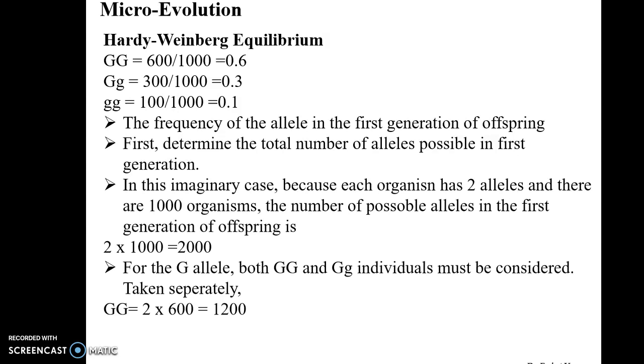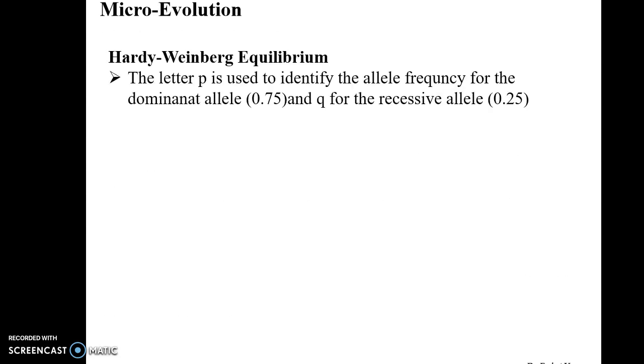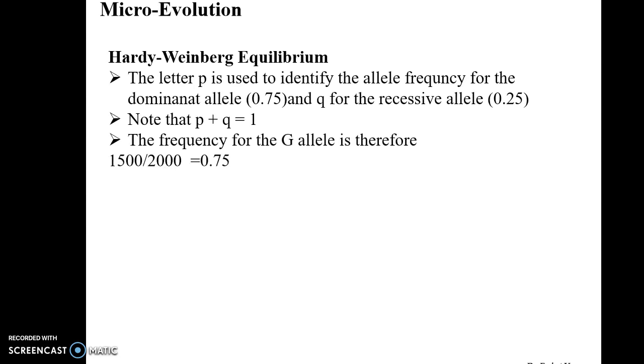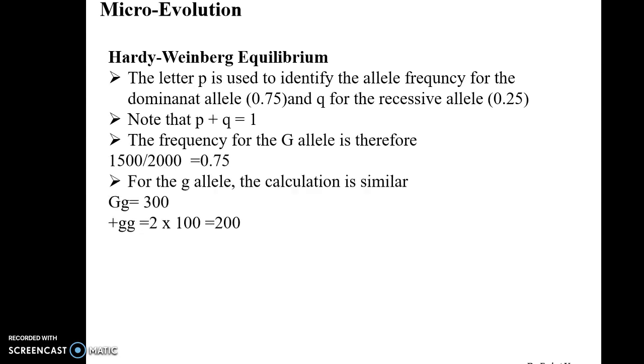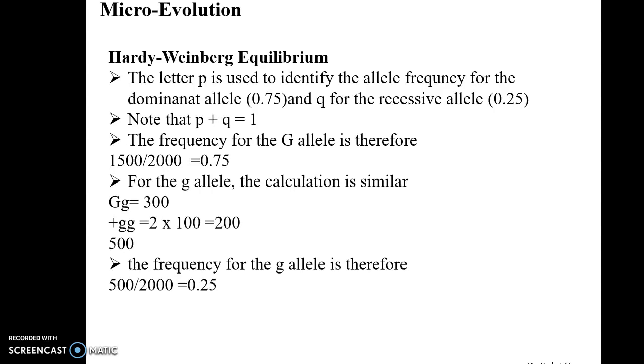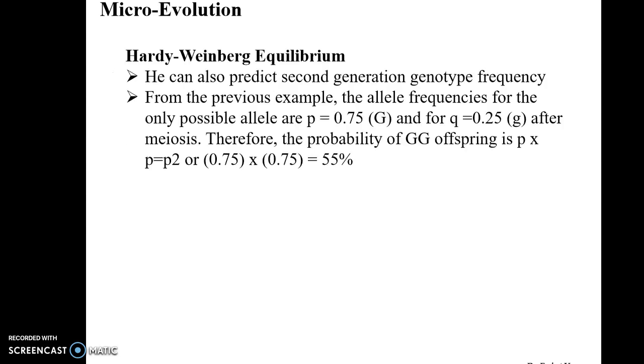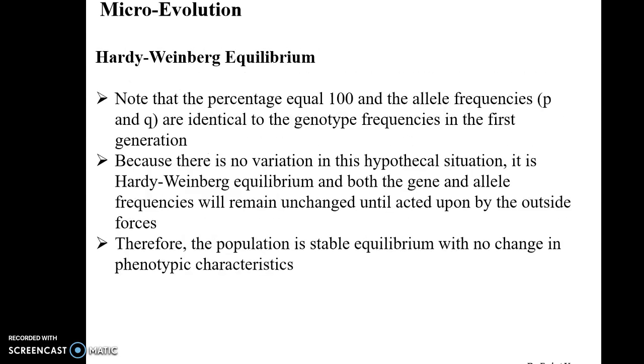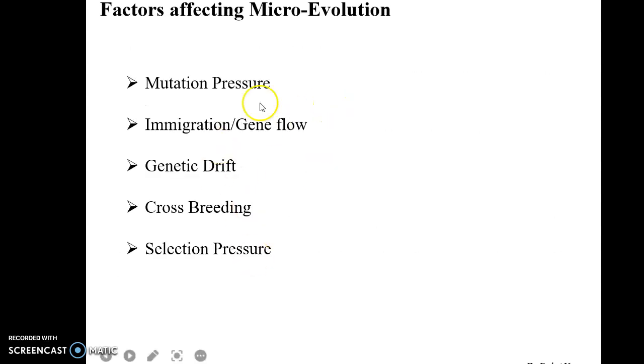So in today's lecture we will discuss the factors which play a role in microevolution. There are lots of factors. The first factor is mutation pressure, second is immigration or gene flow, third is genetic drift, next is crossbreeding, and the last one is selection pressure.